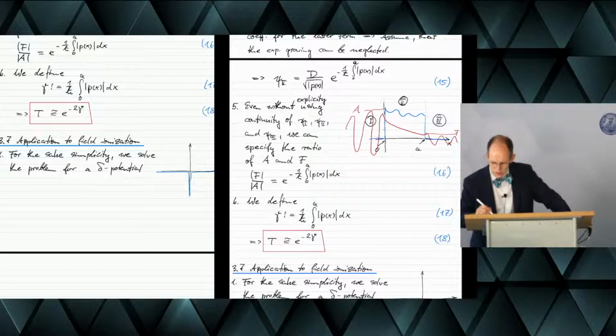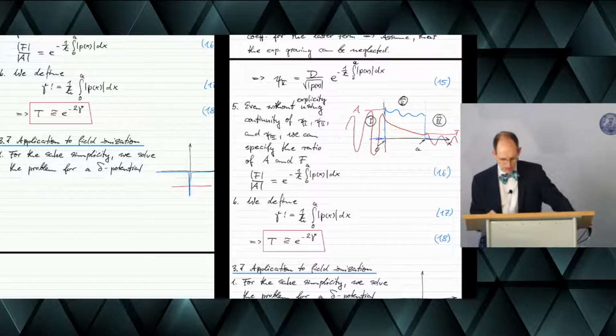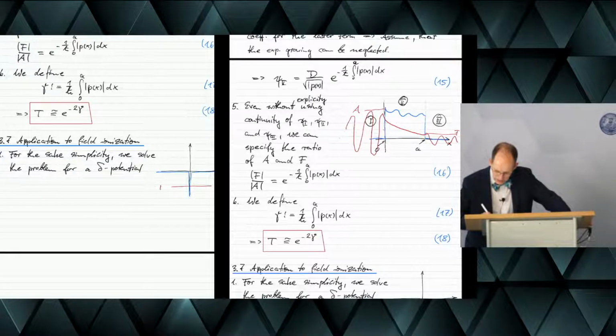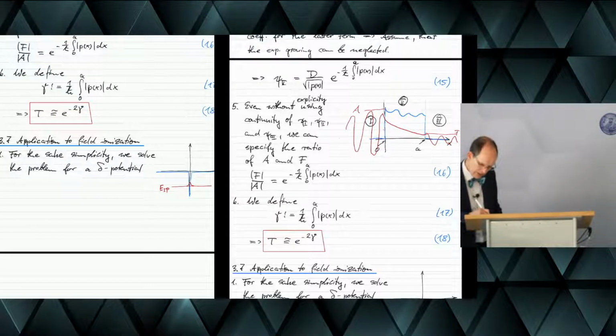What I also should mention is the ionization threshold. So this is the ionization threshold here, EIP. So we would then have a wave function that sits here like this. And now the potential where we do have a field, then it looks like this.